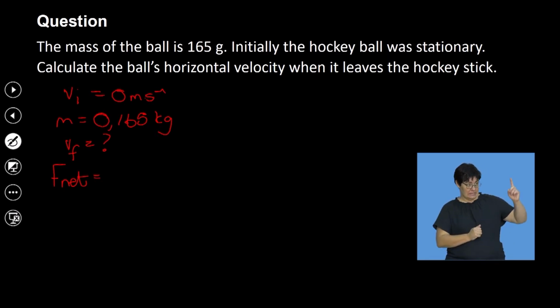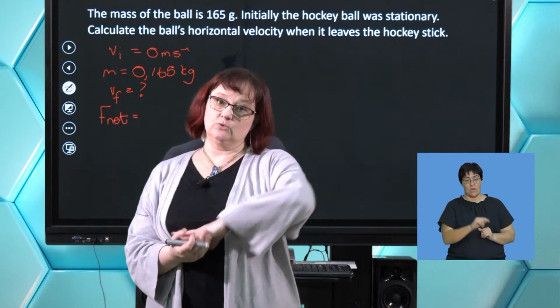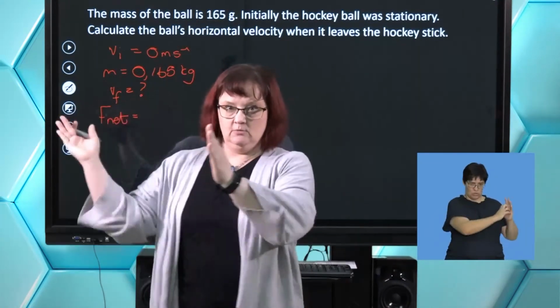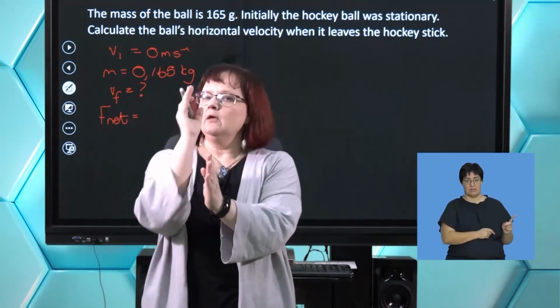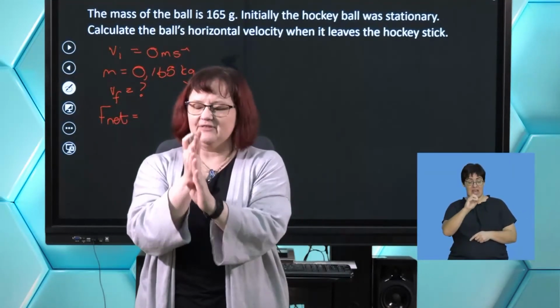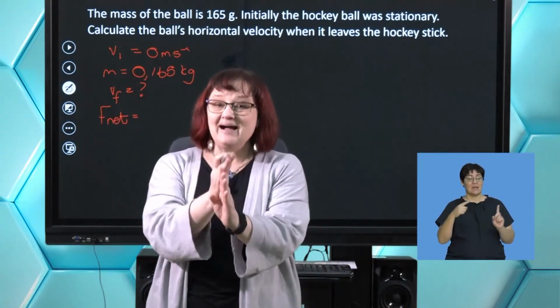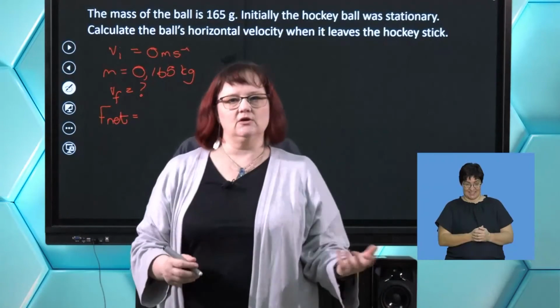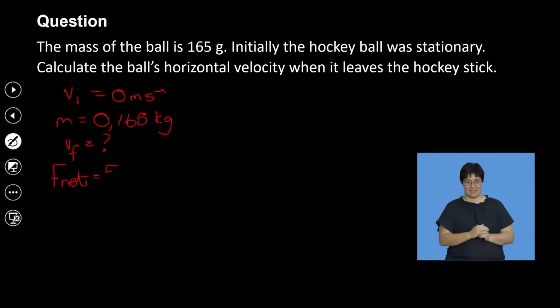For the hockey stick, F net was negative because it was to the left, okay? Because the hockey stick was pushing the ball to the right. Same F net, so it's going to be 5,500 newtons. But it's going to be a positive F net because it's going to go to the right. So this is 5,500.